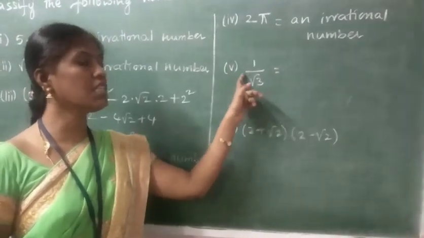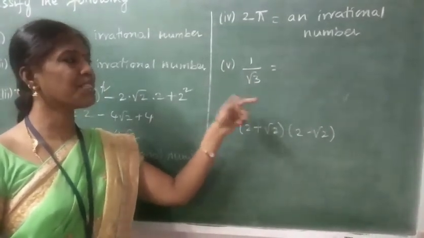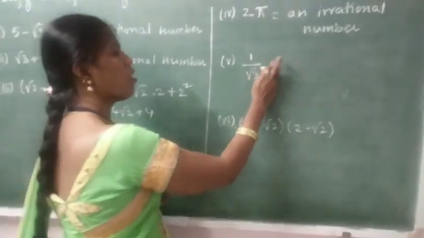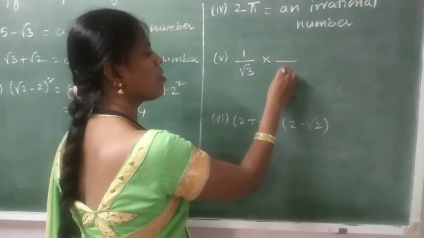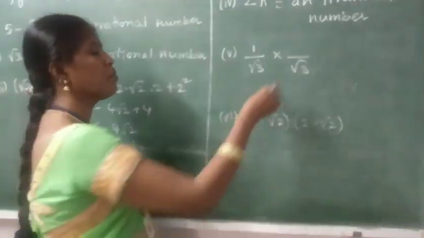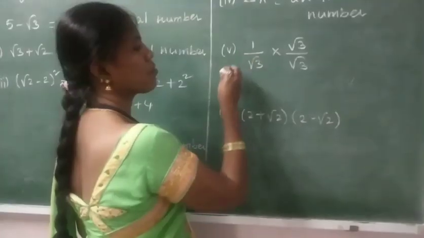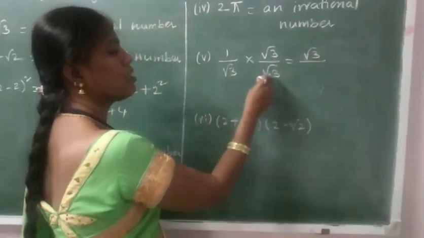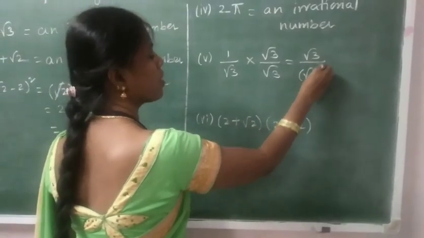In order to change this into a rational number, let us multiply it with root 3. Only multiplying the denominator with root 3 is not enough, so we have to multiply the numerator also. 1 into root 3 is nothing but root 3, by root 3 into root 3, (root 3) whole square.